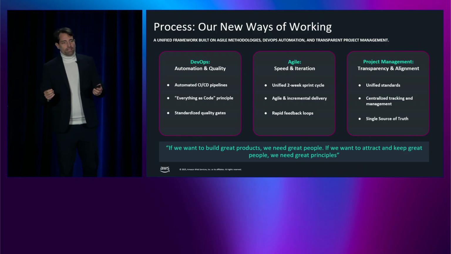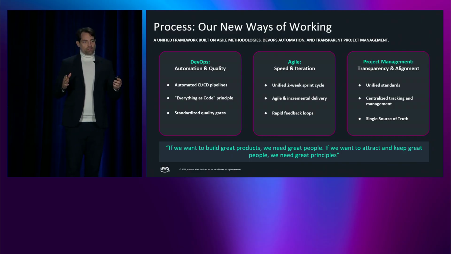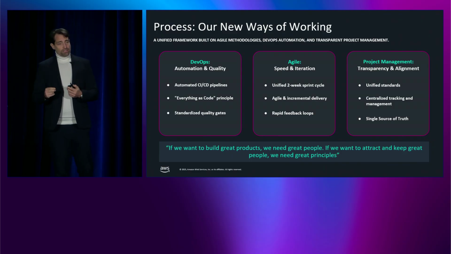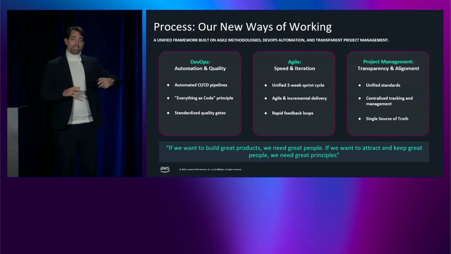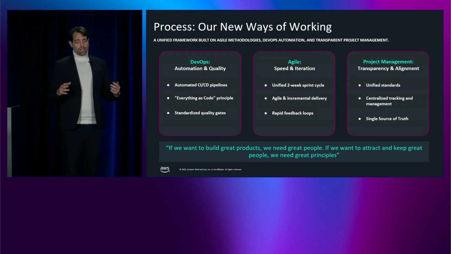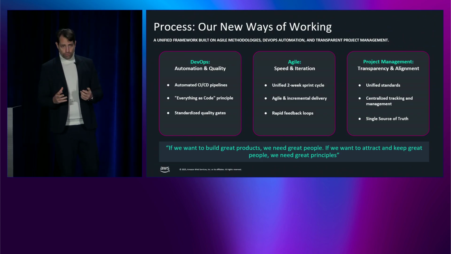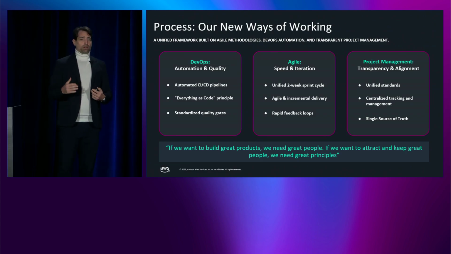So we had to educate them that agile is not chaos. It's actually being very disciplined on your delivery, and you need to have a good plan. Last is the transparency that is needed if you're leading a big organization. So we really unified on the project management. We centralized the tracking and the project management in a single source of truth, because otherwise you cannot operate on a portfolio of that size.